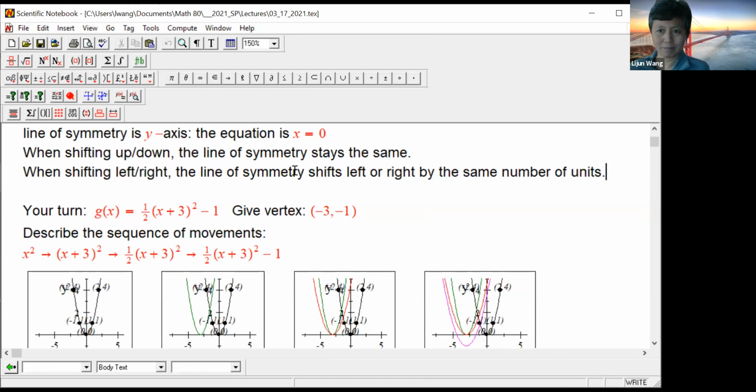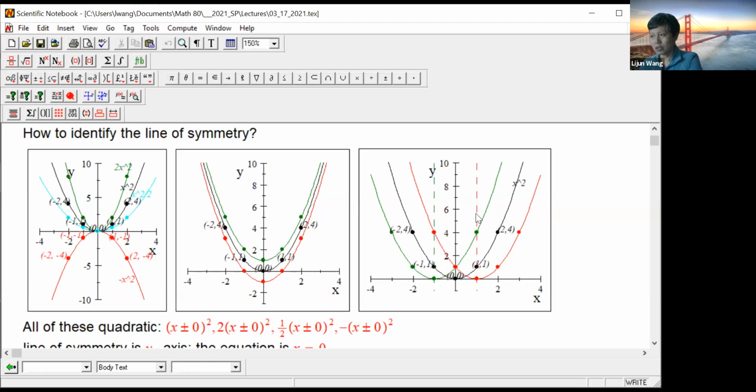Do you agree? What did we do before? The green is shifted from the black by 1 unit. The line of symmetry is also shifted by the same number of units. You guys follow me?